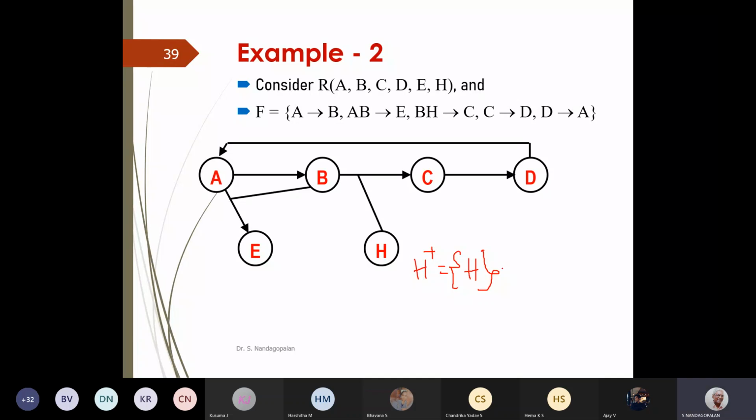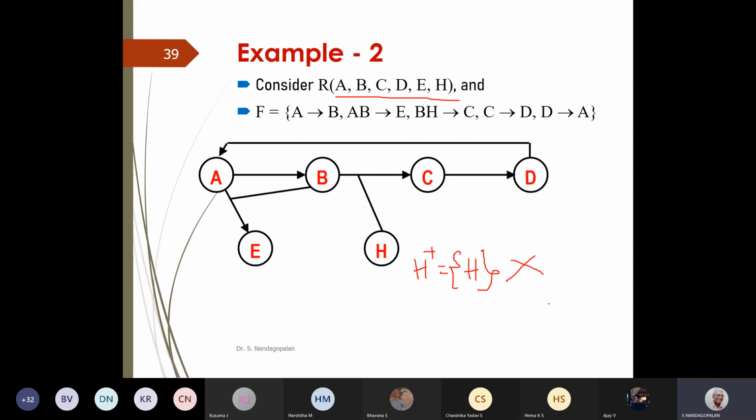So it's not including all the attributes of R. Hence, this cannot be a candidate key. It is not able to determine all the rest. It is something like, you know, USN is given and is unable to find even name. It's unable to find its address. I mean, his or her address.